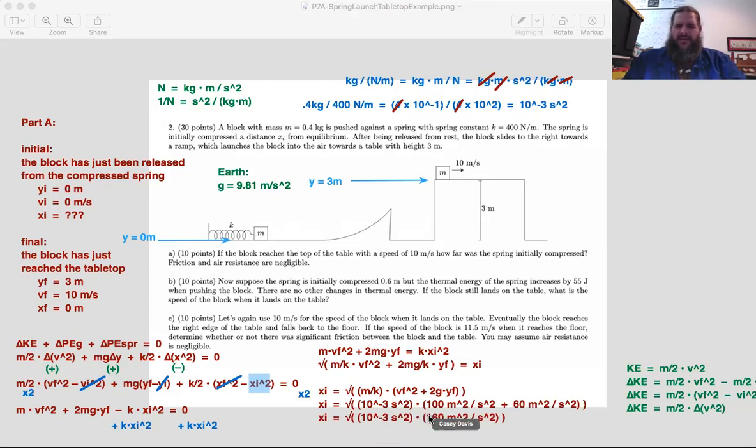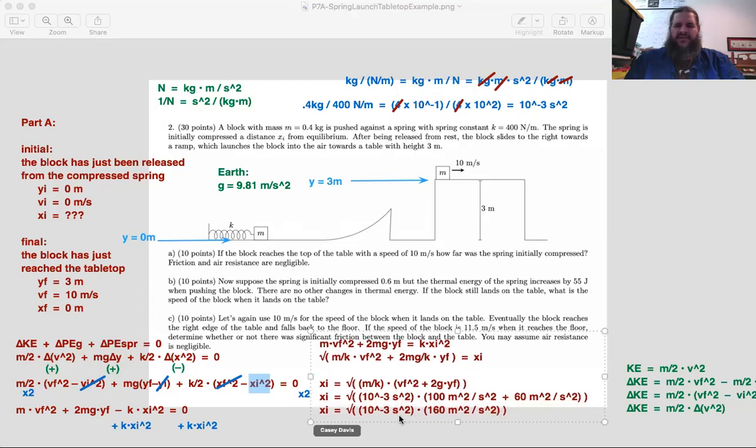Multiply those, we get 160 times 10 to the negative 3rd. And what happens to the units of measurement there? If we're multiplying second squared times meters squared per second squared, what do we get?